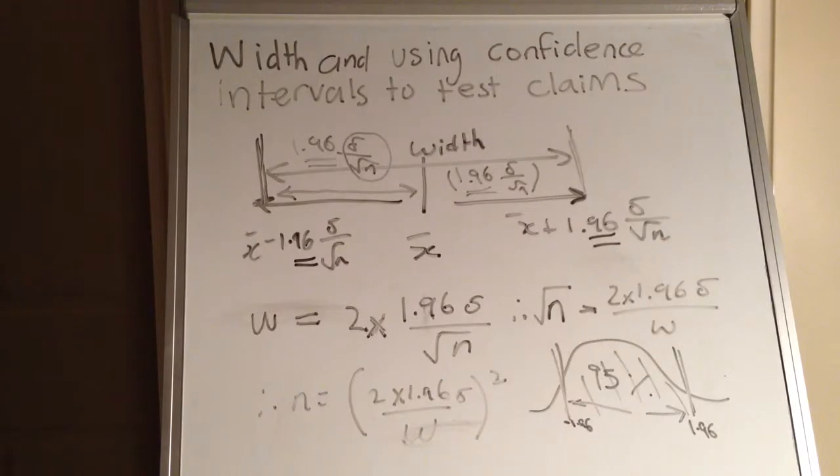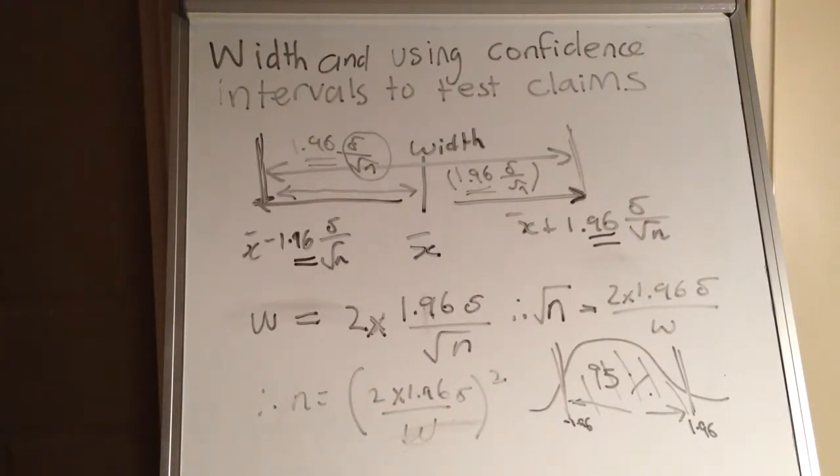The desired width is of course going to be quite important, because it tells us how many samples we have to take to get a certain degree of precision. That helps statisticians, because there's no point surveying 1,000 people when to get the accuracy you want you only need 300 people. Getting that level of accuracy is very important, and we don't want to spend more money than necessary.